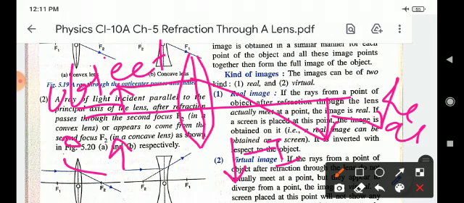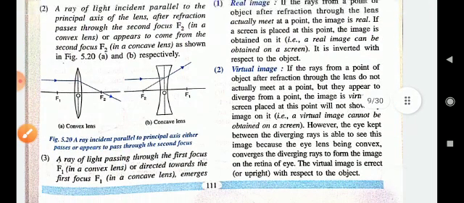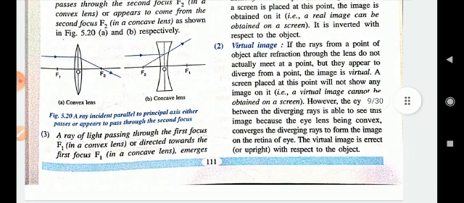Okay, children. Now I will discuss the virtual image. If the rays from a point of the object through a lens do not actually meet at a point, but they appear to diverge from a point, the image is virtual.